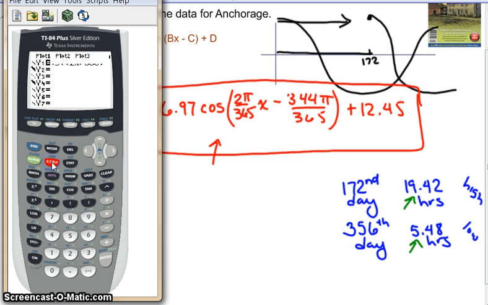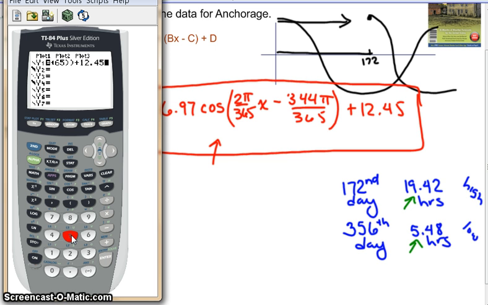Now I need the x minus another fraction, so another set of parentheses, 344 pi divided by 365, close those parentheses, and then close the cosine parentheses, add on my 12.45. So I've got this equation. I'm not going to graph it this time. I'm going to do something a little bit different.